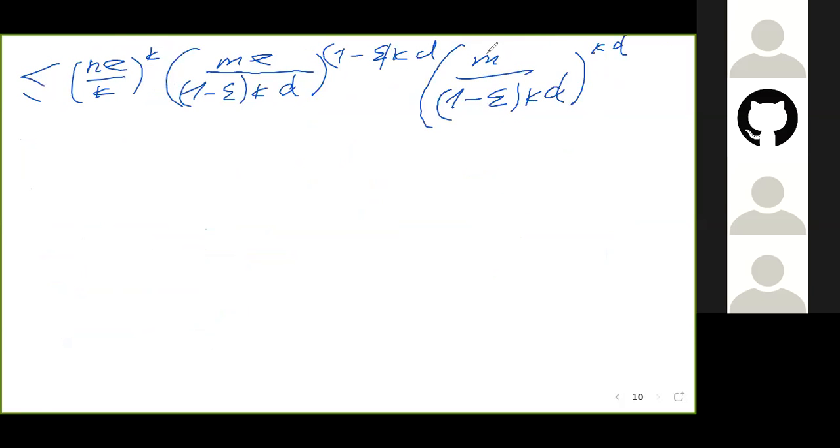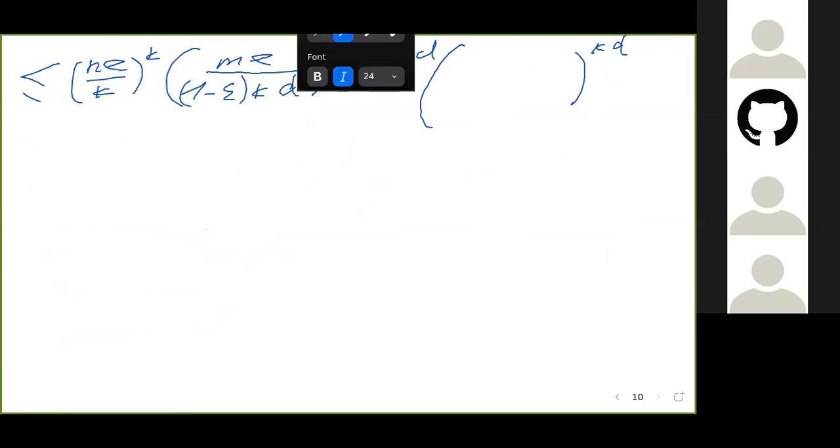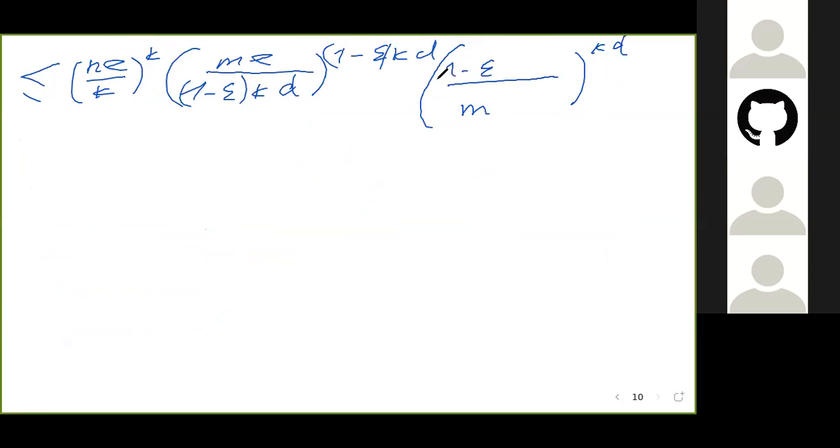So here, we also need to change the numerator and denominator. So m 1 minus epsilon dk. Так, понятно это? Посмотрите внимательно. Ну, вроде да. Ну, вообще, я вижу, что уже невозможно следить, конечно. Ну, ладно, поверьте, что вот это так.